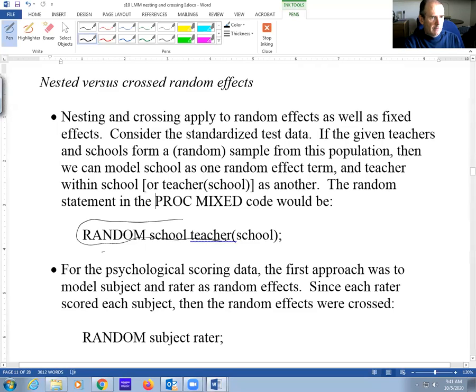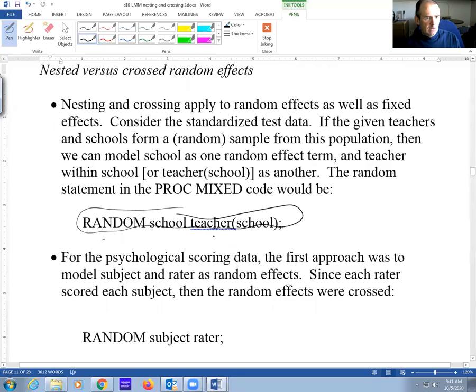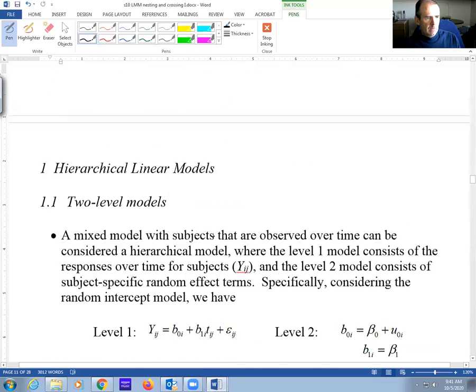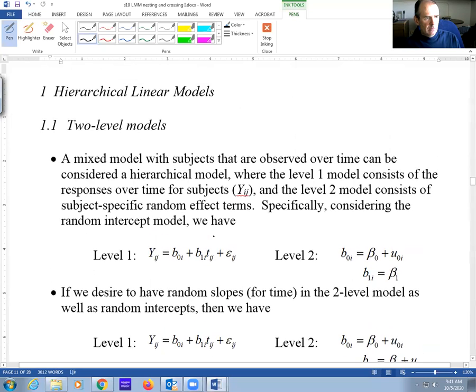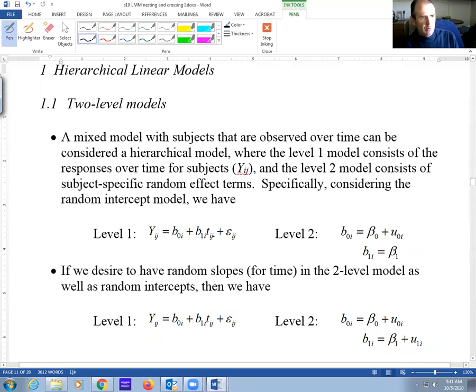Okay, you'd have school, and then you'd have teacher within school, and that indicates nesting of school and teacher. So the way you write nested models, if you have hierarchical, this implies nesting here.